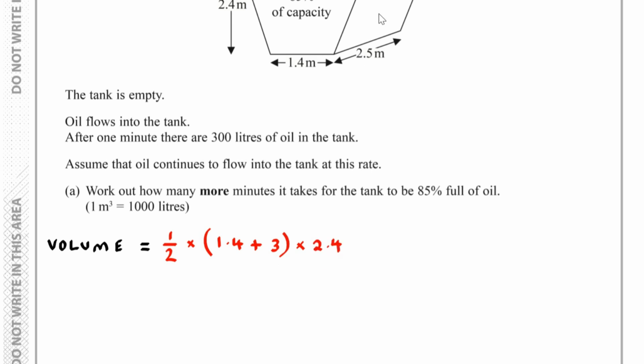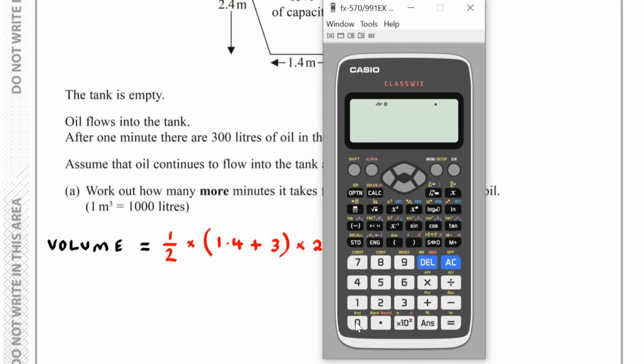Then I need to multiply this by this 2.5 meters. If I work this out, 1/2 multiplied by 1.4 plus 3, times 2.4, times 2.5, it turns out we get 13.2 meters cubed.